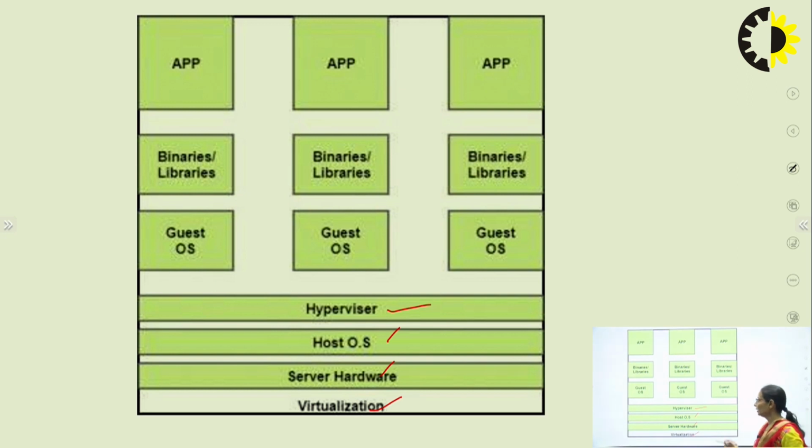Above the hypervisor, multiple VMs are created. These are my virtual machines, VM1, VM2, VM3. On each virtual machine, different or the same guest operating systems are running, and each operating system has its own binary libraries, its own set of apps, its own platform, etc.